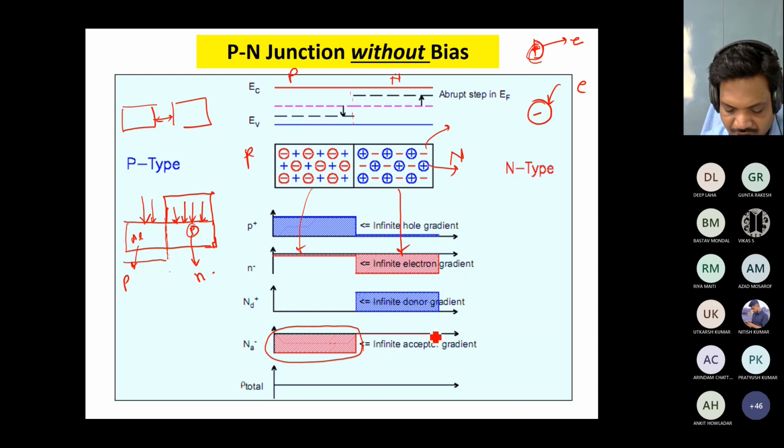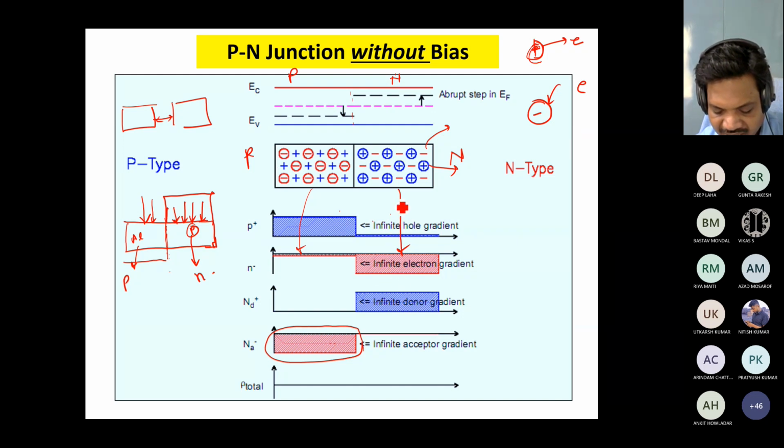So with this distribution of charge carriers after forming the junction, we can see a change in carrier concentration from the p side to the n side, for holes and also for electrons.